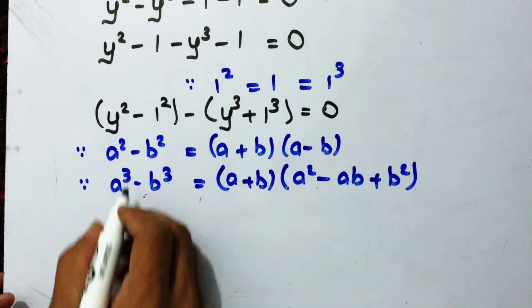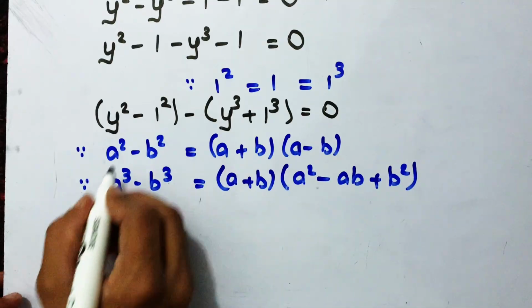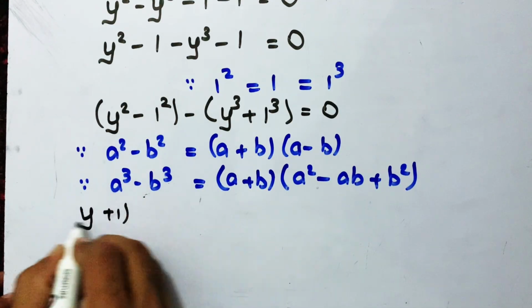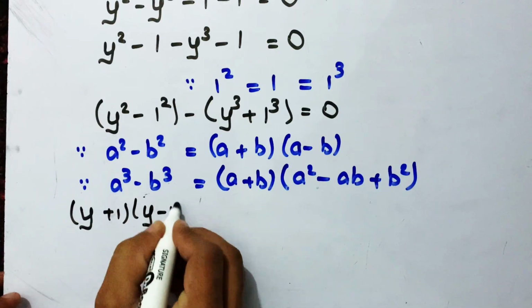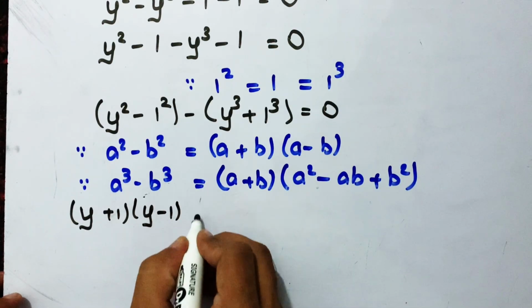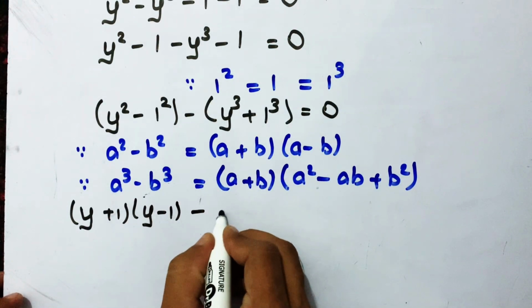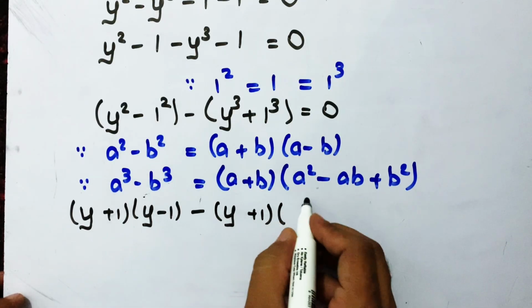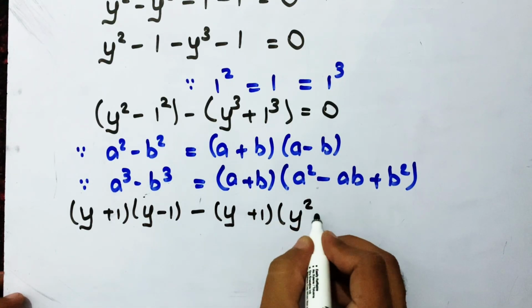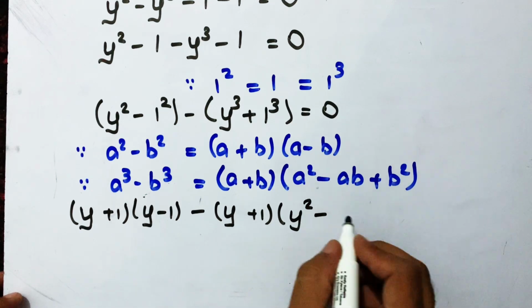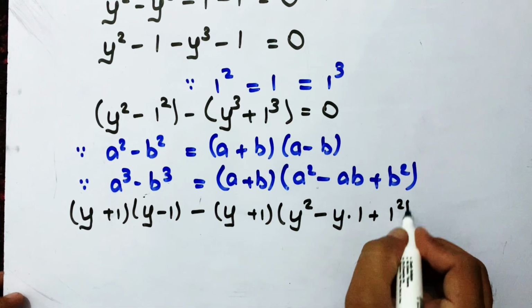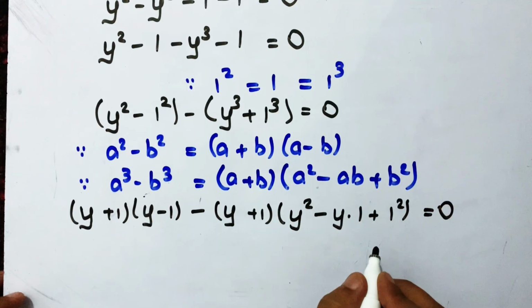This means y square minus 1 square is y plus 1 into y minus 1, minus y minus 1 into y square plus y into 1 plus 1 square is equal to 0.